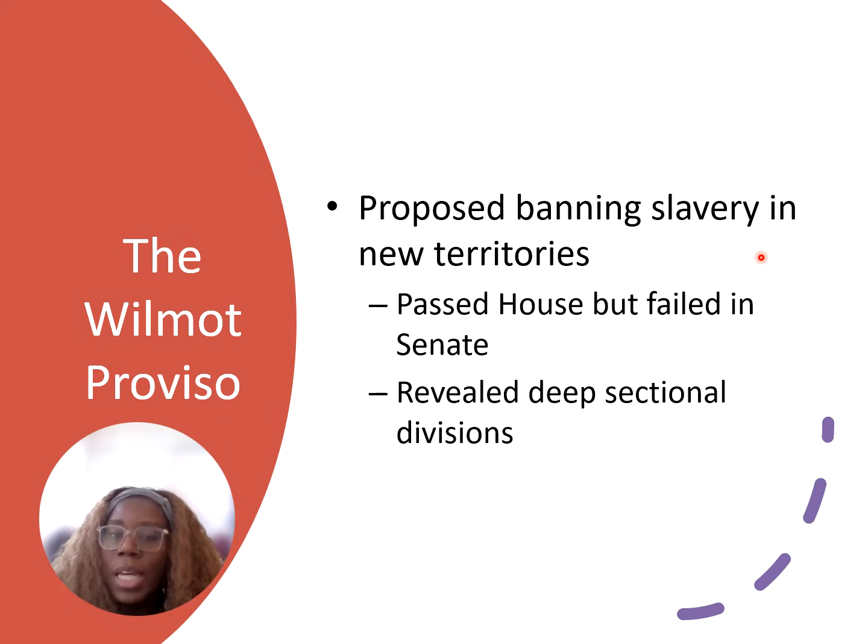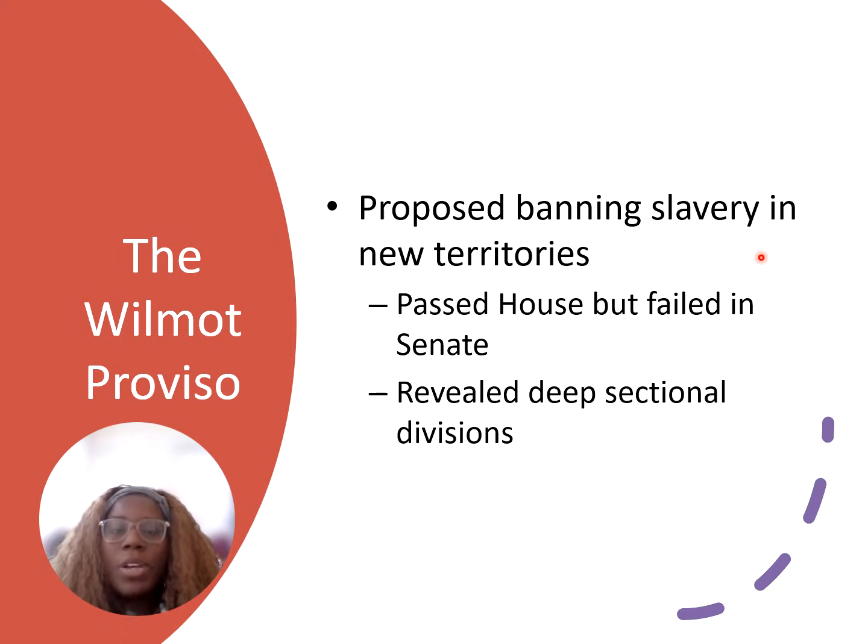Southern lawmakers, on the other hand, viewed any restriction on slavery's expansion as a direct threat to their economic system and political power. Neither side was willing to compromise. Neither wanted to compromise on what it saw as a matter of survival. Both the North and the South believed that their approach was best.